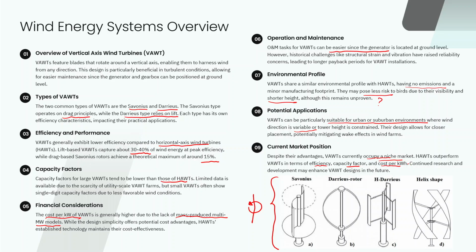And there is continuous research going on in this area to enhance the vertical axis wind turbine design. So in future you may have better, high performance vertical axis wind turbines compared to what you have today.